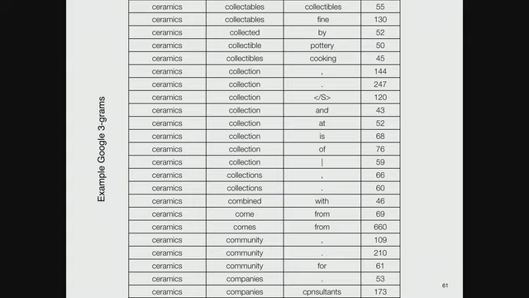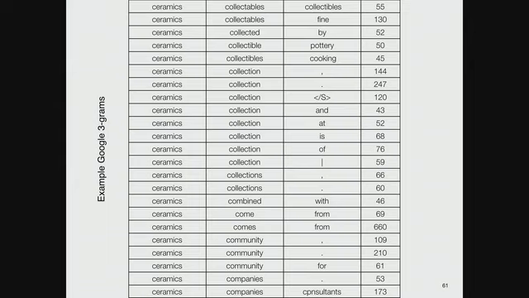And here's a very tiny part of their database. So ceramics collectibles, I don't know, occurred 55 times in a terabyte of text. Ceramics collectibles fine, ceramics collectibles buy, pottery, cooking, comma, period, end of sentence, and, at, is, etc., different number of times.